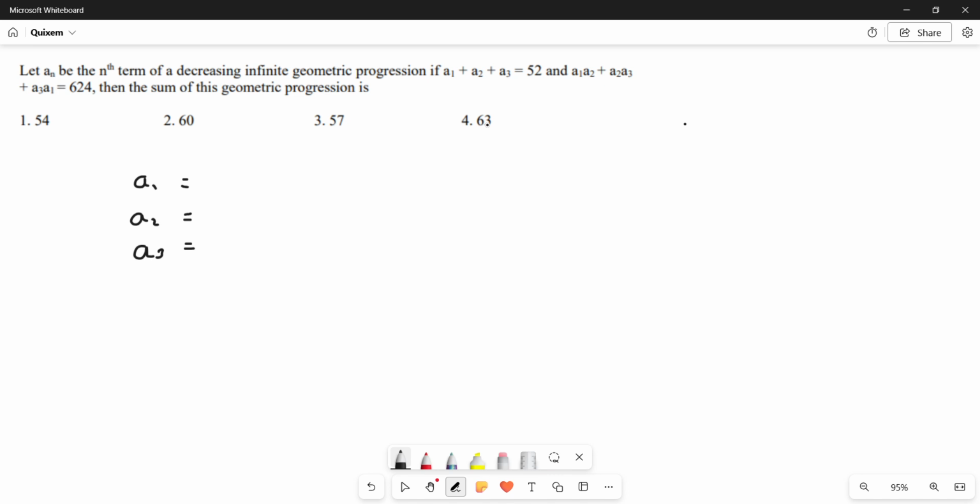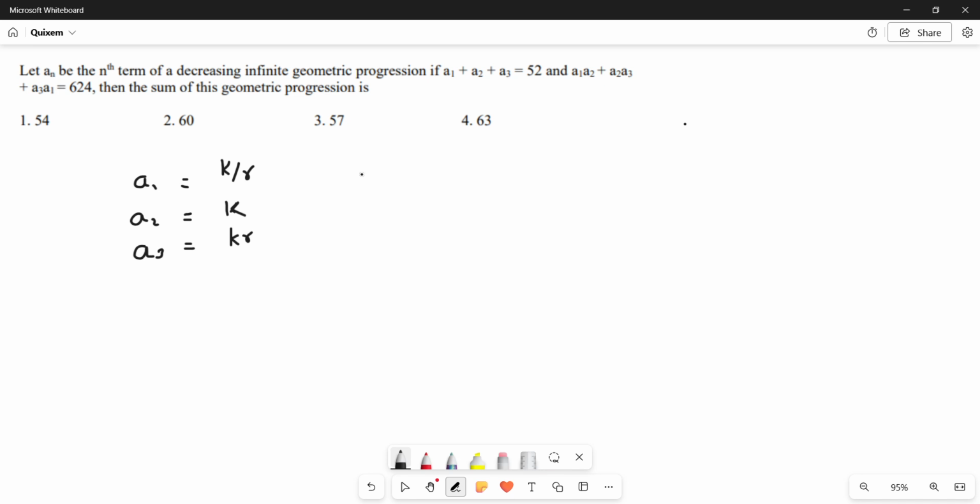So in order to simplify the calculations, let's consider the first term as k by r. The second term will be k, where r is the common ratio, because we multiply r to the first term, that will give us k, and we multiply the common ratio to the second term, that will give the third term, that is kr.